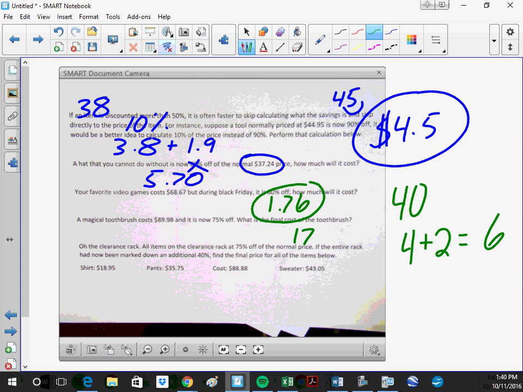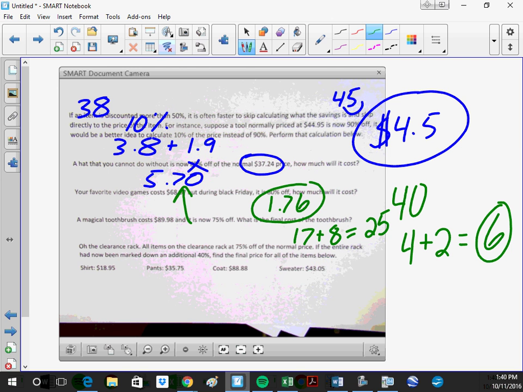So 17 cents plus half of 17 cents, which is about 8 cents. So I'm really only off 25 cents-ish. So I could subtract that 25 off of here, which is going to give me an answer pretty close to that. The actual answer, 37.24, would be $5.58. That's the actual value.